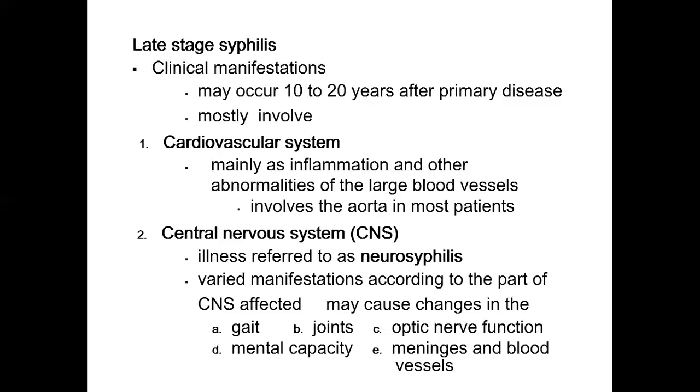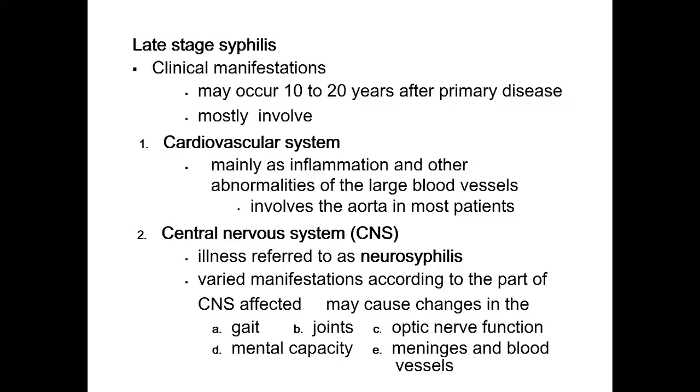In some patients, the illness may occur as a change in the way the person walks. So it can affect the gait, it can affect the joints, they become deformed, it can affect the optic nerve function, it can interfere with the mental capacity.